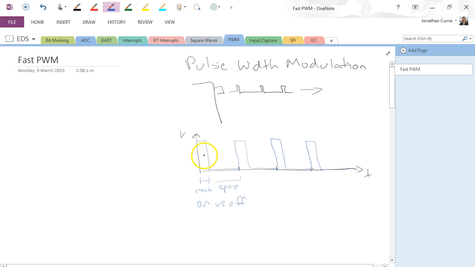And by doing that, we can actually control the average DC voltage associated on that pin.